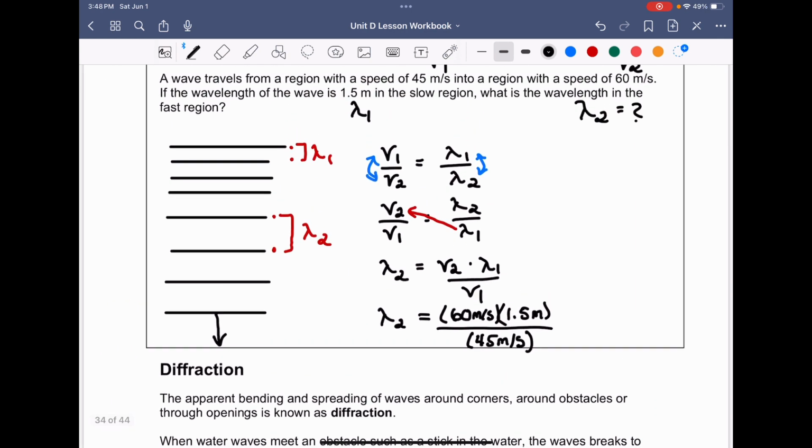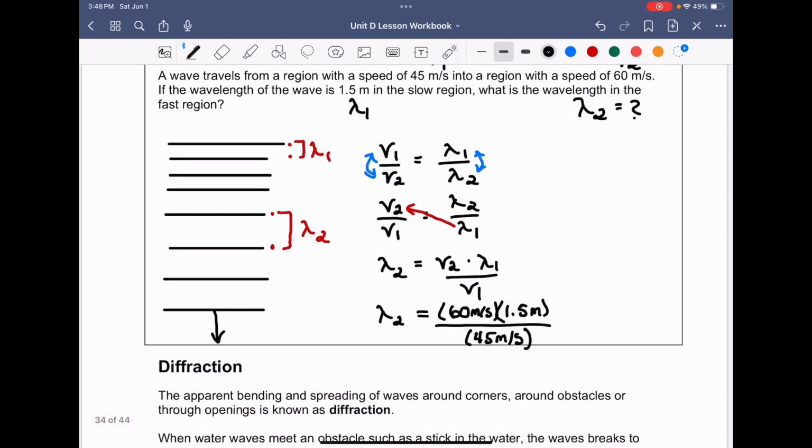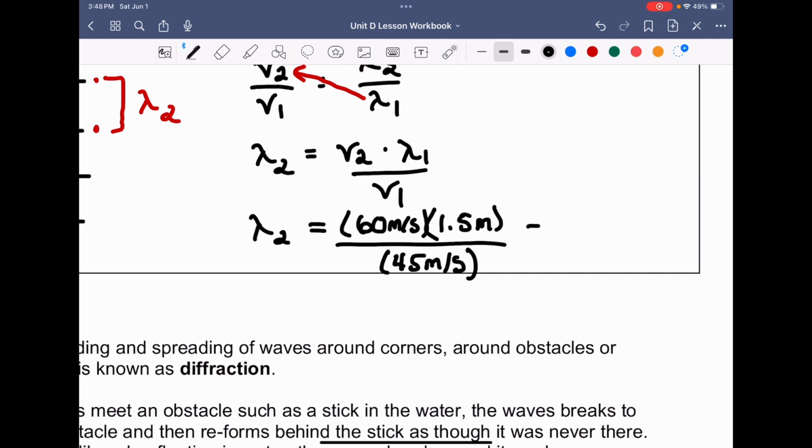I'm even going to pull out the calculator just to make sure we get everything correct. When I type this in, 60 times 1.5, and then divide it by 45, I end up getting a wavelength of 2. So my lambda 2 is equal to, just to keep significant digits, 2.0.